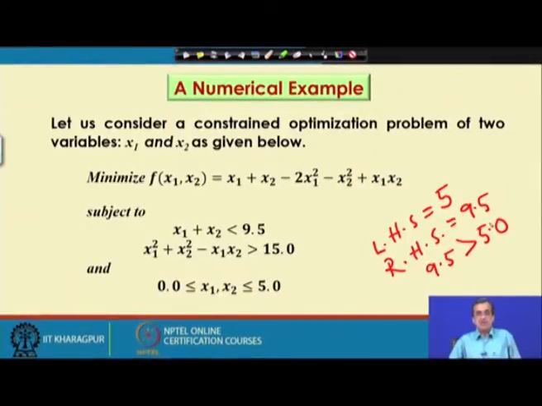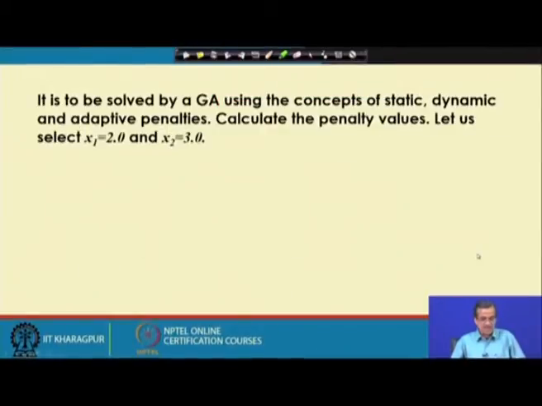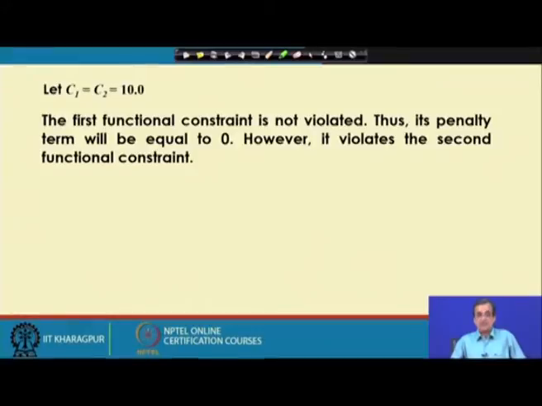So there is no violation of this functional constraint, and as I mentioned, if there is no such violation of the functional constraint, we put the penalty term equal to 0.